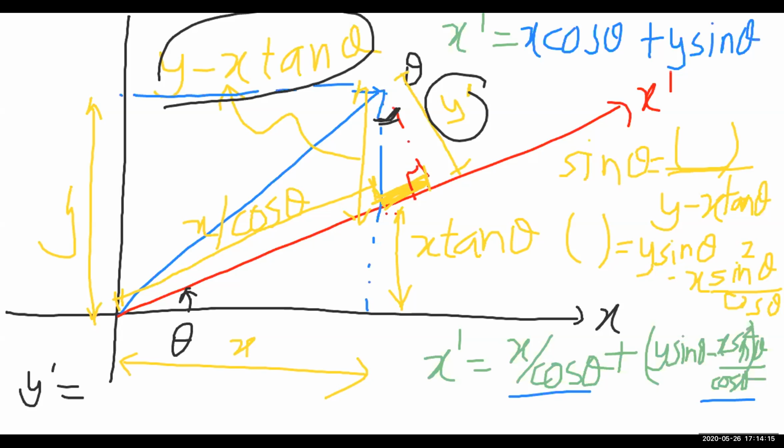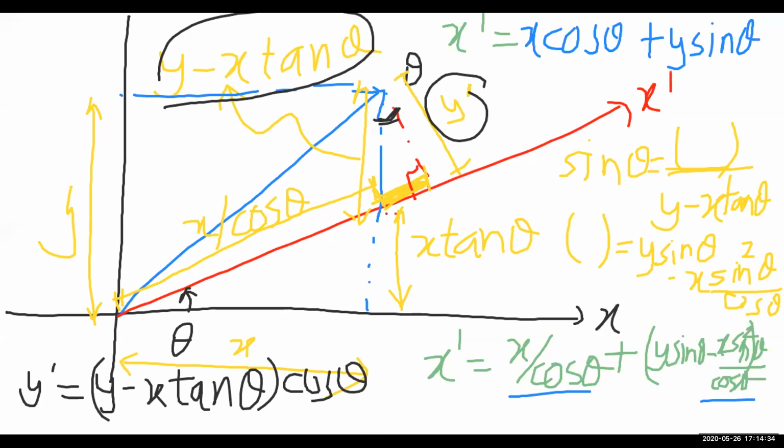So y dash is equal to hypotenuse into cosine theta. So we get y minus x tan theta into cosine theta, right? Which will give me y cos theta minus x sin theta.